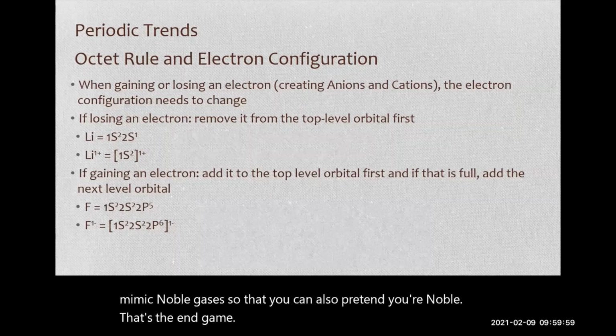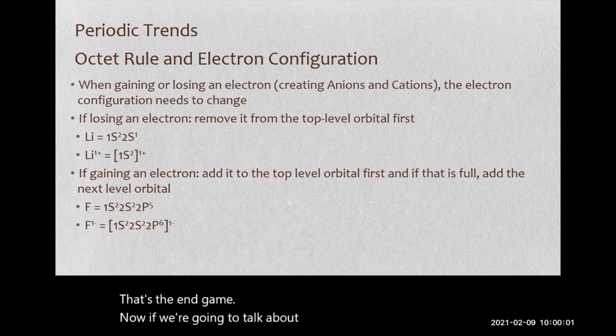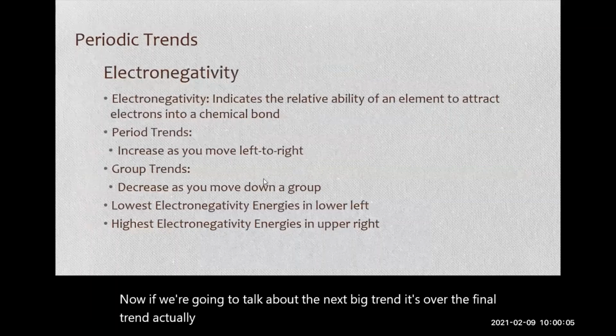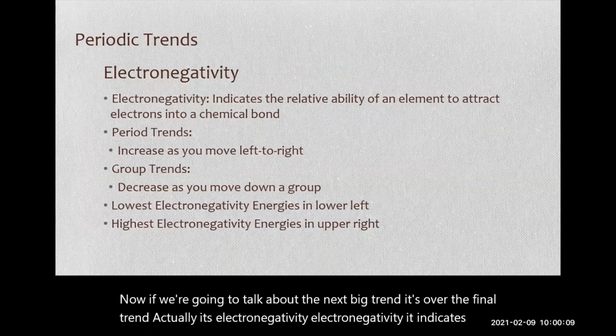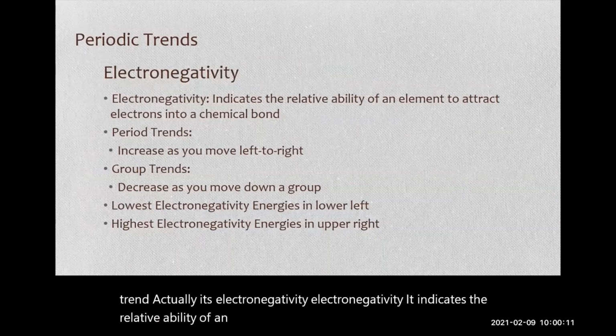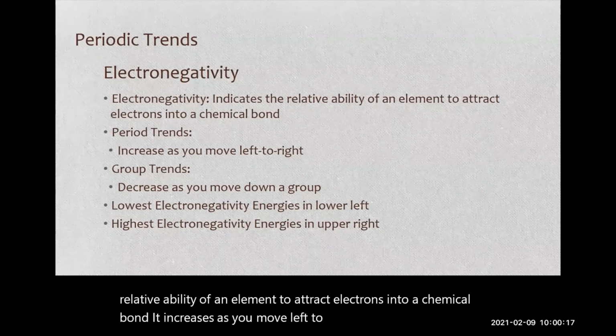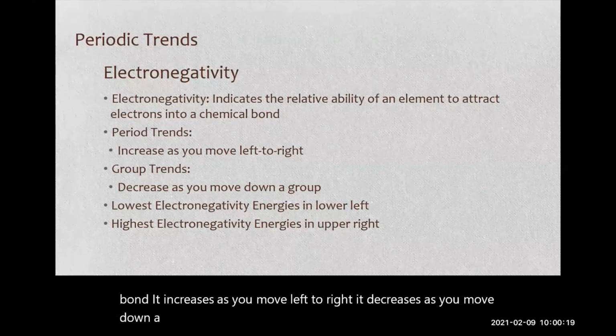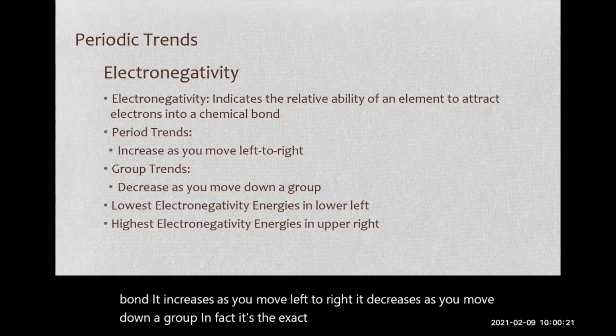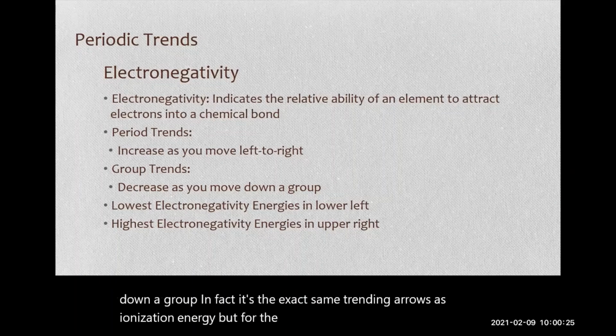Now, the next big trend, or the final trend actually, is electronegativity. Electronegativity indicates the relative ability of an element to attract electrons into a chemical bond. It increases as you move left to right. It decreases as you move down a group. In fact, it's the exact same trending arrows as ionization energy, but for a very different reason.